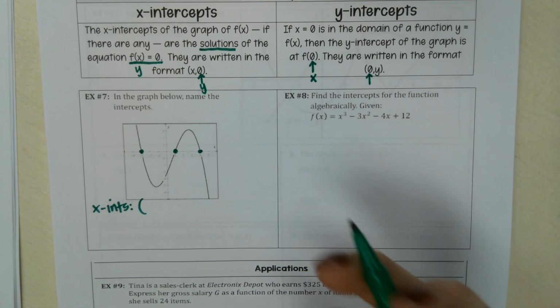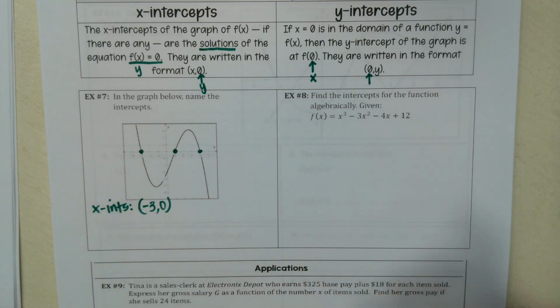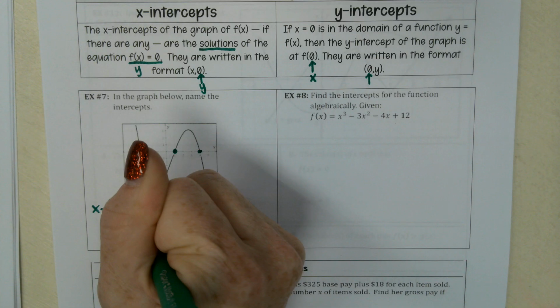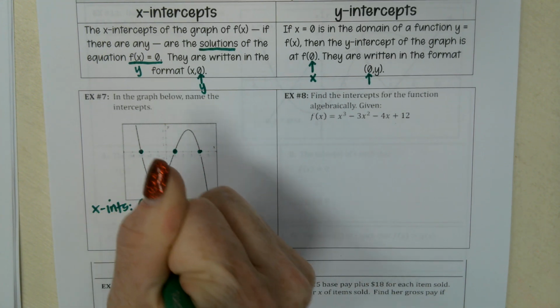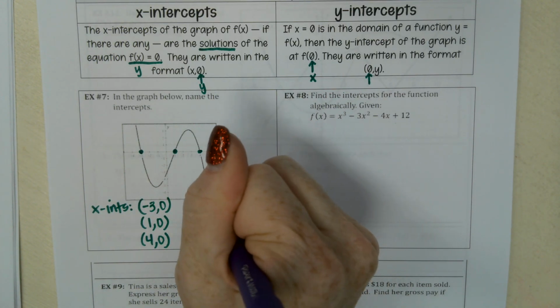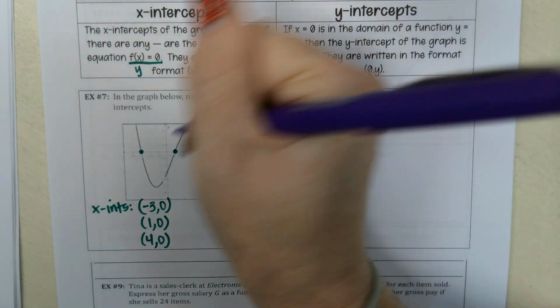That happens at the following ordered pairs. We got -3, 0. What else? Okay? And 4, 0. Perfect. Okay? Now, what about my y-intercept here? Where is that crossing the y-axis?